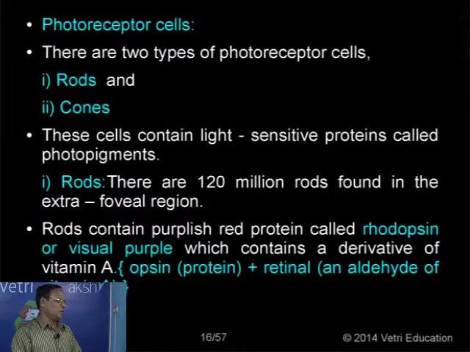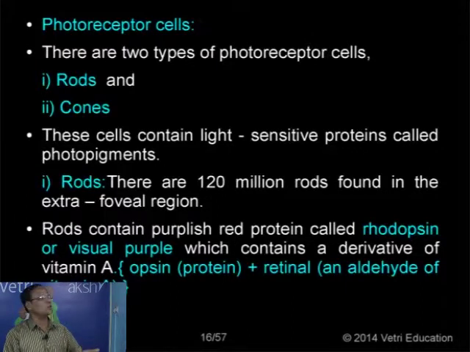Now what do you mean by rods? These are rod shaped photosensitive cells, formed normally in the outer position of the retina, and they contain light sensitive proteins called photopigments.